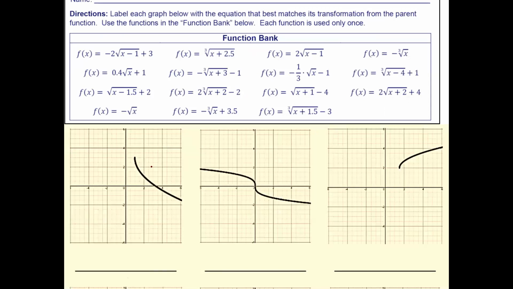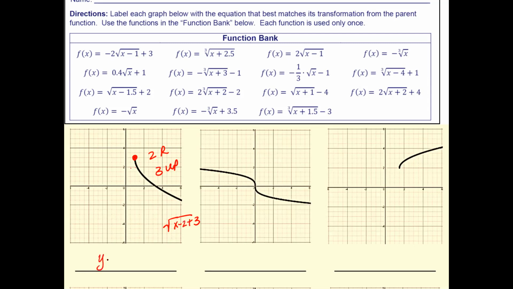The first graph here, I can see that it's like a curve, so I know it's going to be dealing with the square root of x. It looks like it's going 1, 2 to the right, and it's going 3 up.